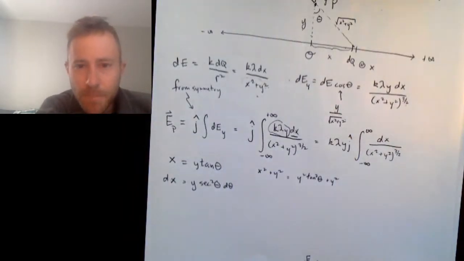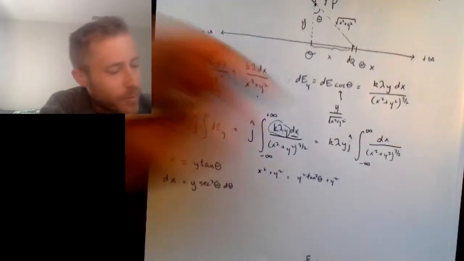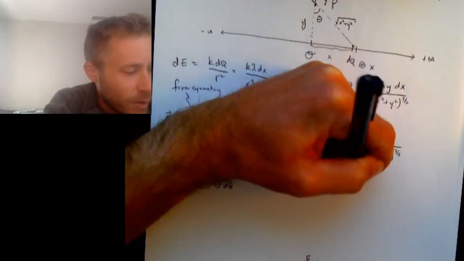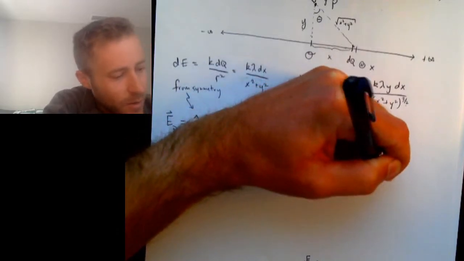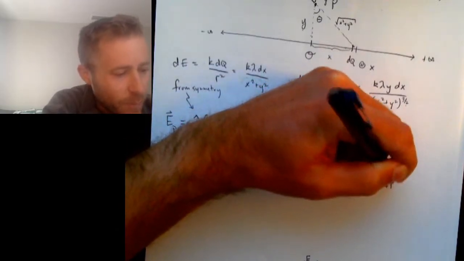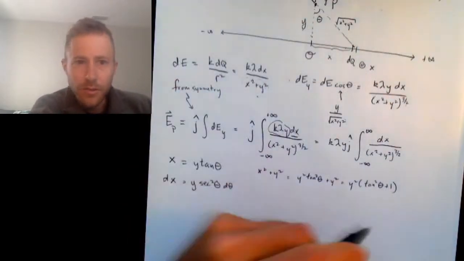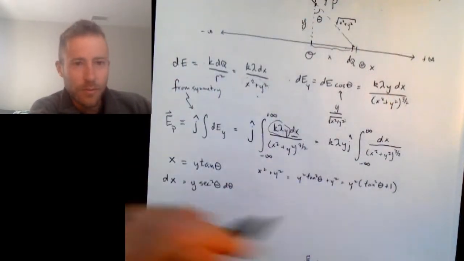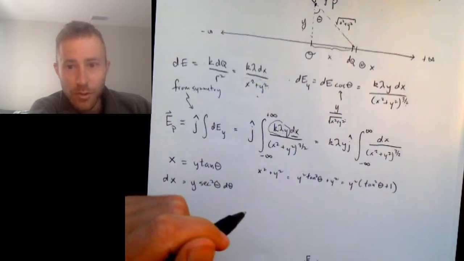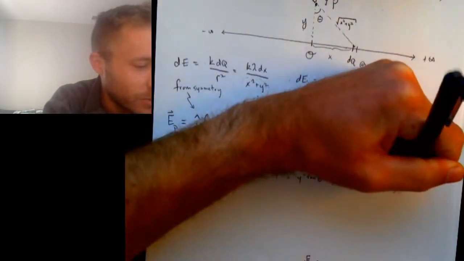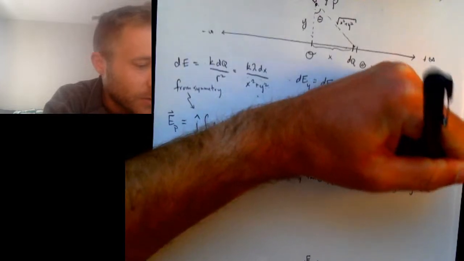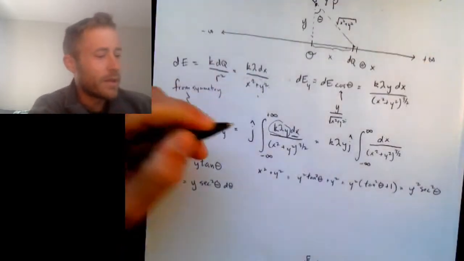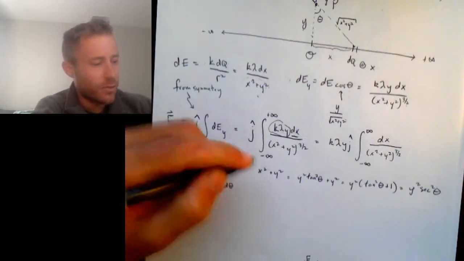And then I factor out a y squared, and I get tangent squared of theta plus 1. This is just a rearrangement of sine squared plus cosine squared equals 1, so this is actually equal to secant squared of theta. And then I have to raise this to the 3/2.